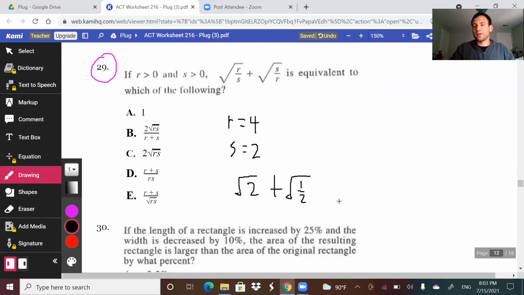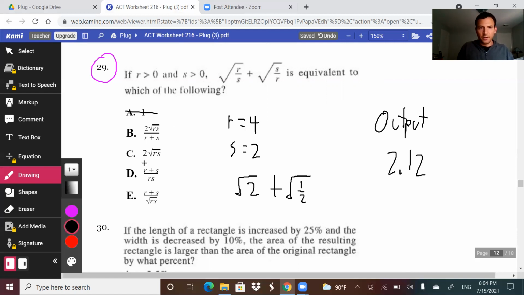So we'll put that in our calculator, and we get about 2.12. So when we use these inputs, our output is roughly 2.12. So that's not 1.